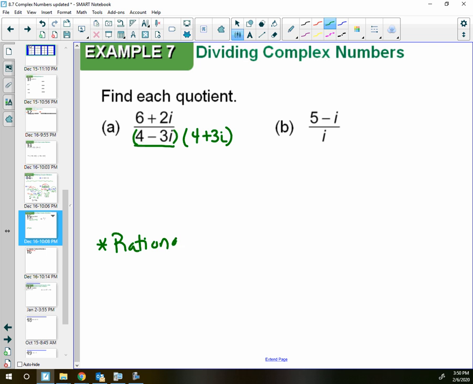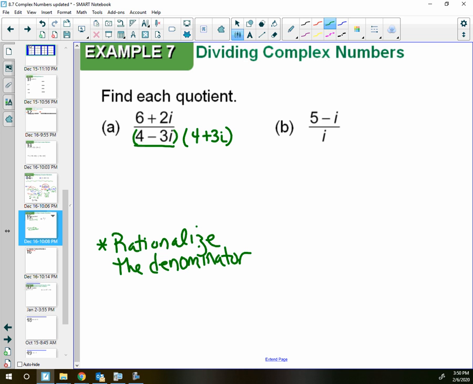Just like we were doing with radicals before, we want to rationalize the denominator. That means make it a nice rational number. We're looking to make it be a nice whole number that we're going to be able to work with if we're going to do other operations.